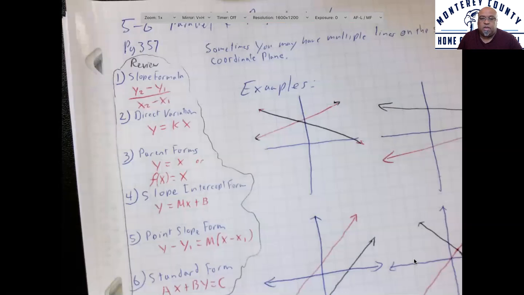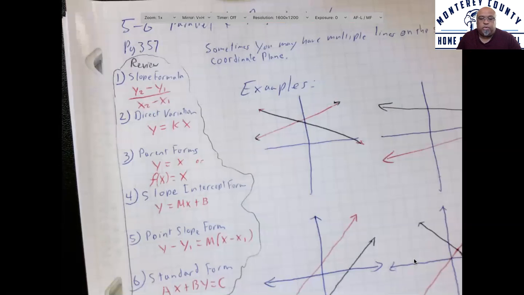If you're looking at how it varies, then you would call it k. If you're looking at it as slope, you would call it m. Number 3 is the parent forms, which are y is equal to x or f of x is equal to x. Number 4 is the slope-intercept form, which is y is equal to mx plus b. And again, we use m there to represent the slope, and b represents the y-intercept.